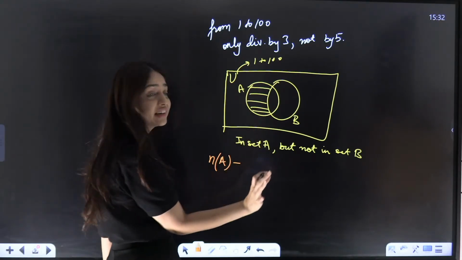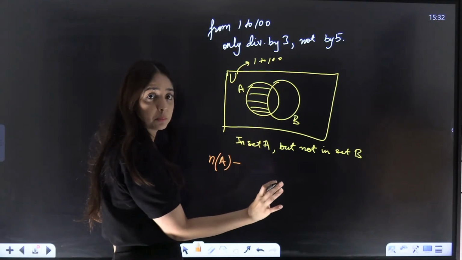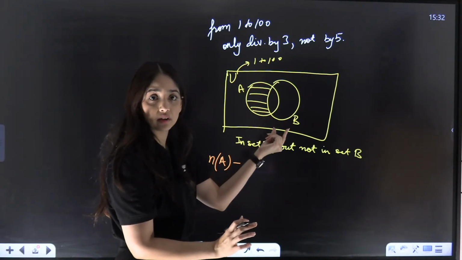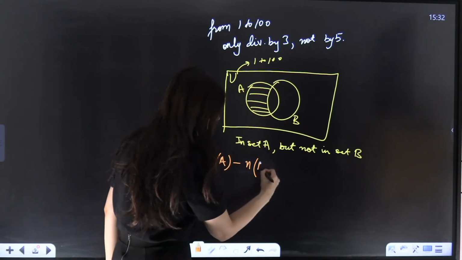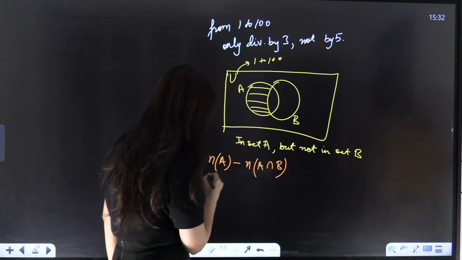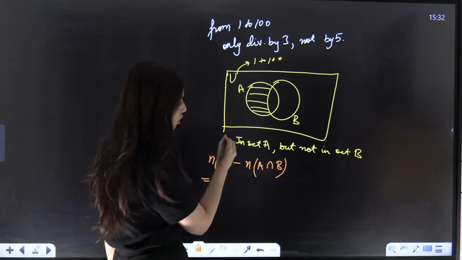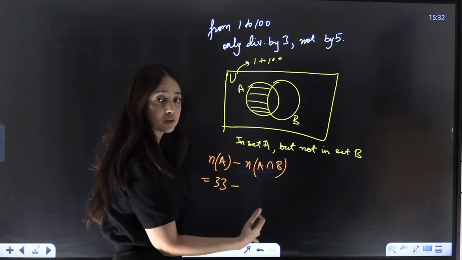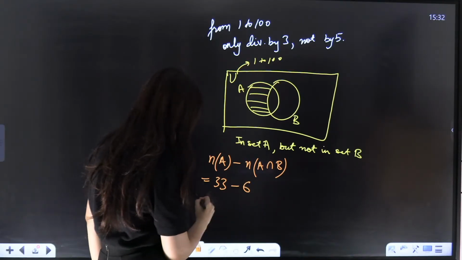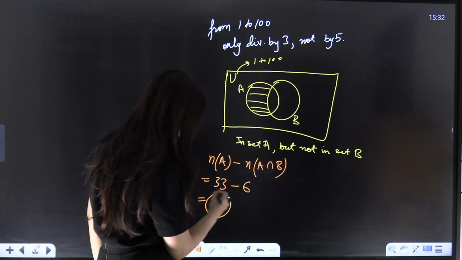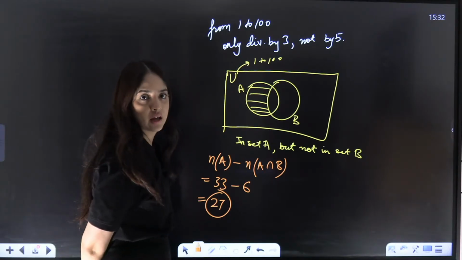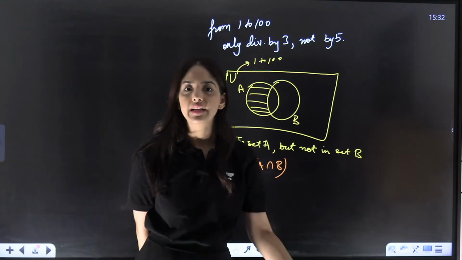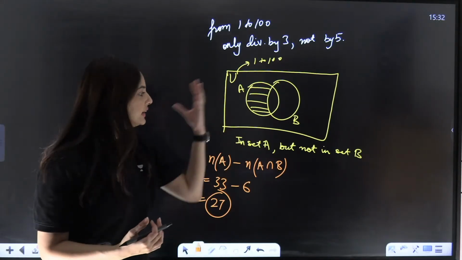We did not subtract the entire set B. We only subtracted the ones that we had included but did not want to include, which is A intersection B. So n of A was 33, n of A intersection B, that is multiples of 15, was 6. So we get our answer 27. That way, using Venn diagrams, you can very simply solve any such problems.